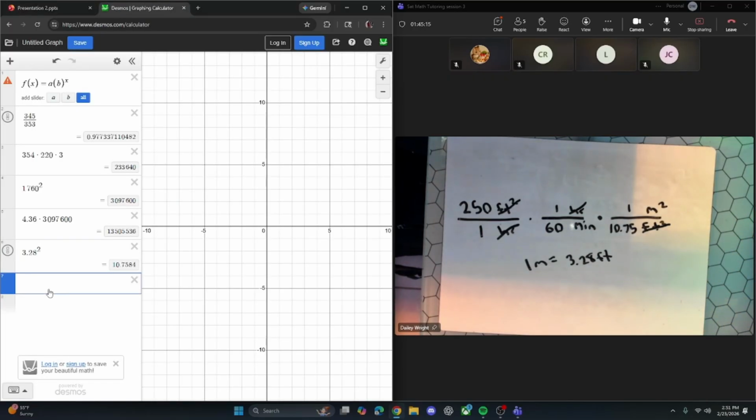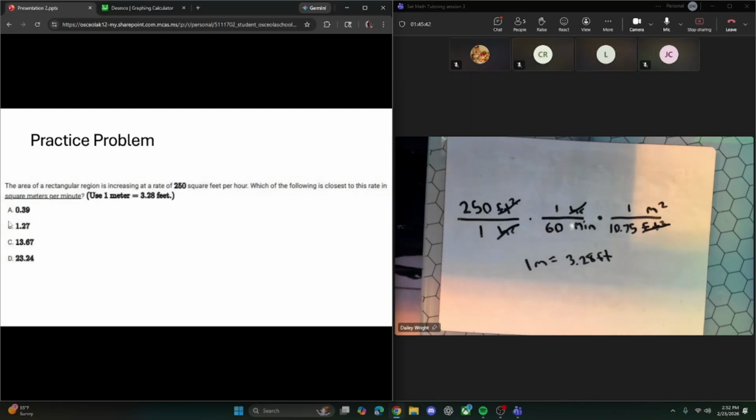So now we do 250 multiplied by 1 over 60 multiplied by 1 over 10.75. And that would give you 0.387. That's really close to 0.39, so you know your answer is going to be A, 0.39.